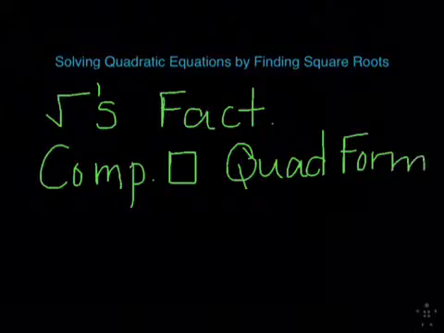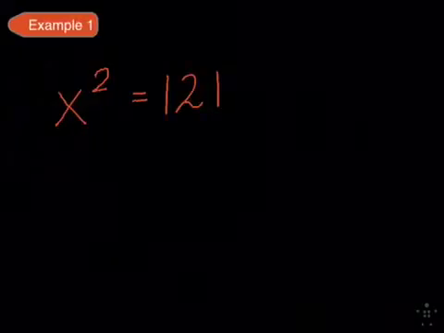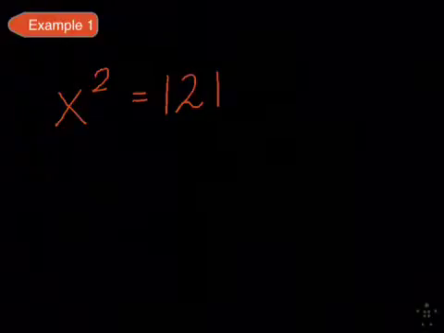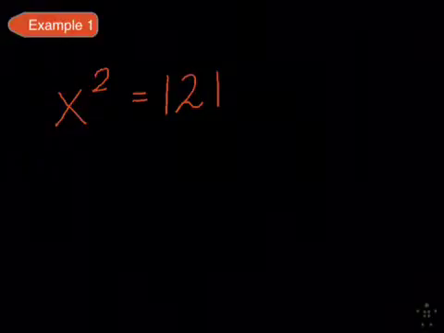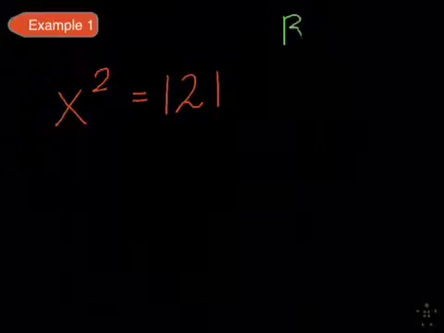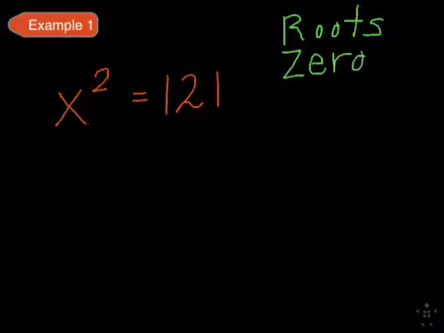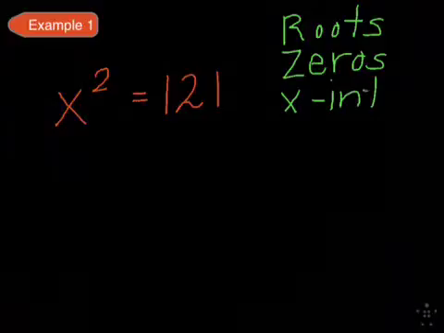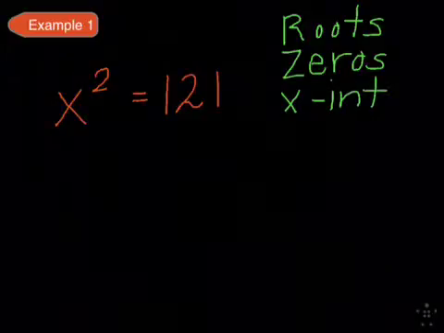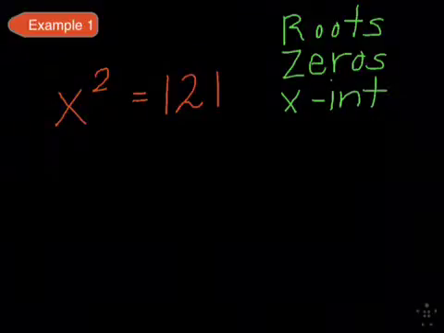So here we go. First example. We want to solve this equation for the roots or the zeros or the x-intercepts. All 3 of these words, roots, zeros, x-intercepts, all mean the same thing. So we're just solving the equation for x. We're going to do what we do normally, the inverse operations.